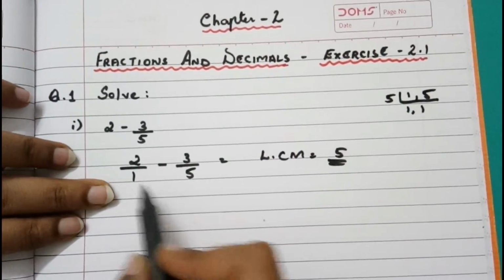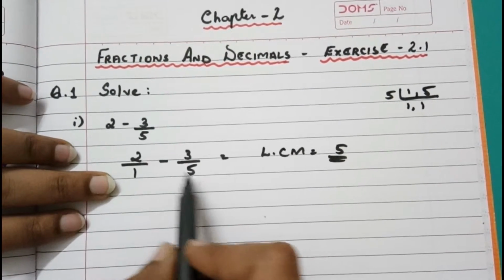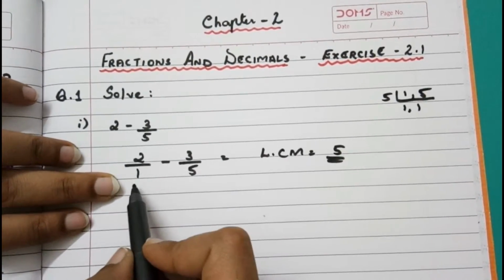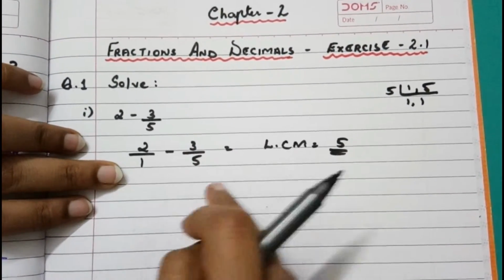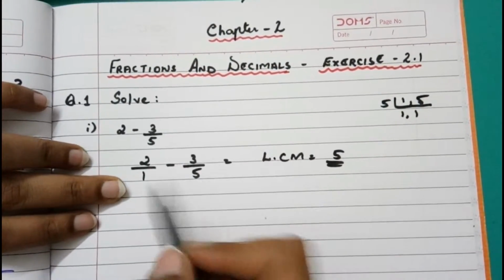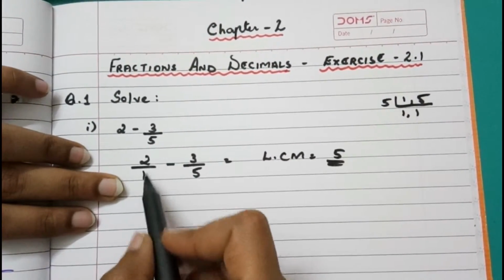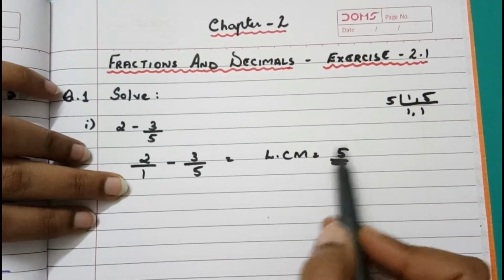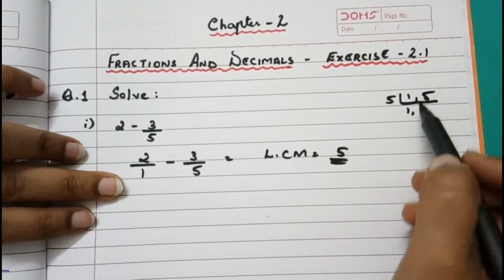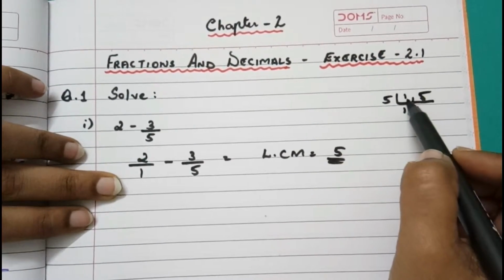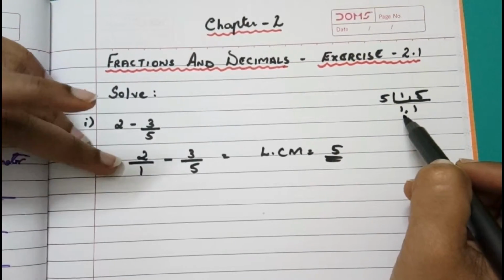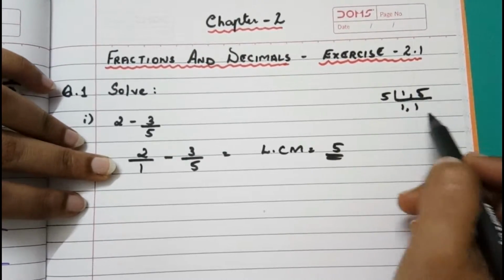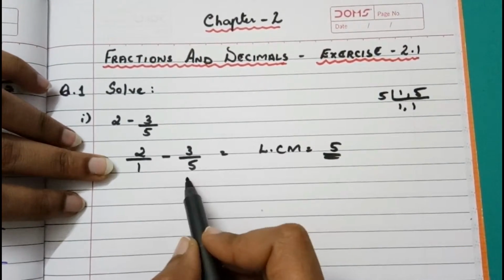By default, if the denominator of one fraction is 1 and the other fraction has another number, the LCM will be that other number. Because 1 goes into 5 one time, and 5 goes into 5 one time. Clear? So the LCM is 5.